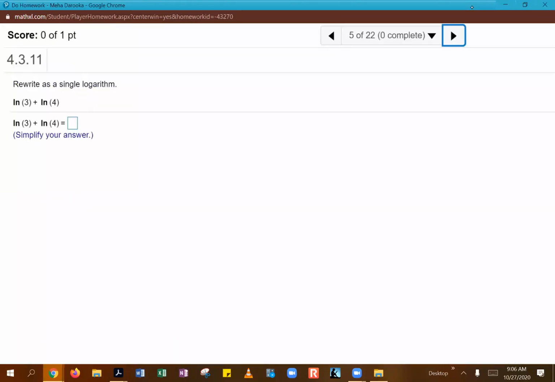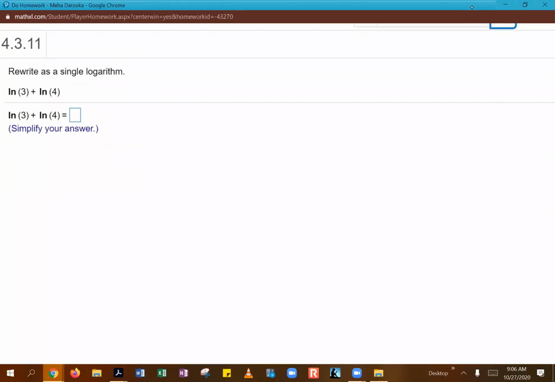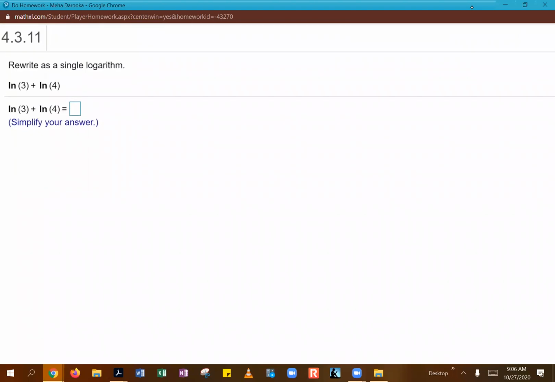So, just something as simple as this guy here, you have natural log of 3 and natural log of 4. So of course you can see, since both of them are natural log, we know they're both base e. So we do have the same base in our function.